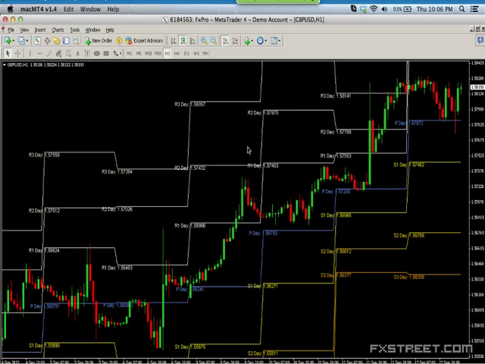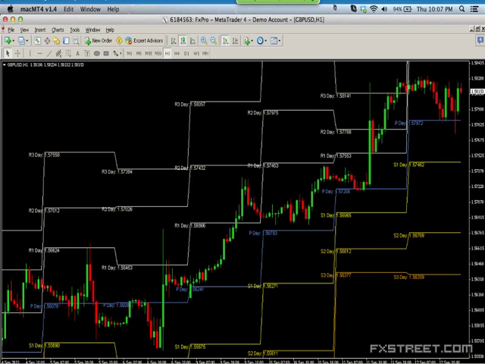I love pivot points because it's a mathematical formula that adjusts to the previous day and it does not move. It's not an indicator. It doesn't move according to intraday price. This is the one thing I like about this, the reason why I can use this indicator. So that's information number one.